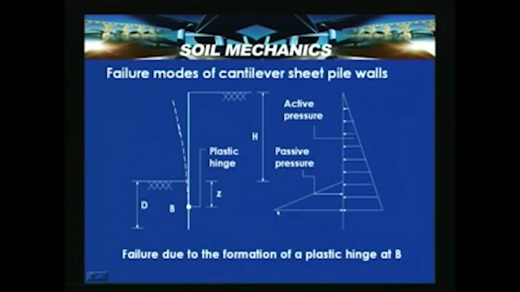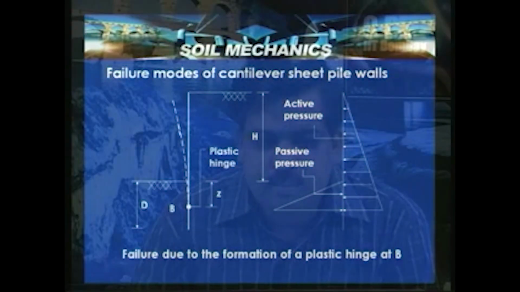This is the earth pressure acting at this particular point, and it is undergoing moment about this point, so the maximum bending moment will be concentrated here. For these walls, when we compute the bending moment, the maximum bending moment will occur below the dredge level. So we have seen two types of failure modes of cantilever sheet pile walls: one is due to soil failure where rotation can occur, the other is material failure where the formation of a hinge can occur.